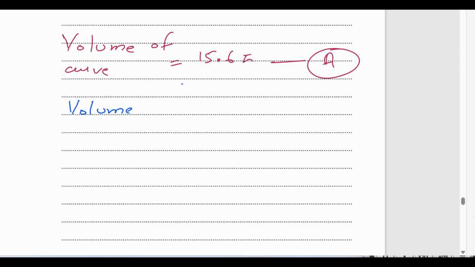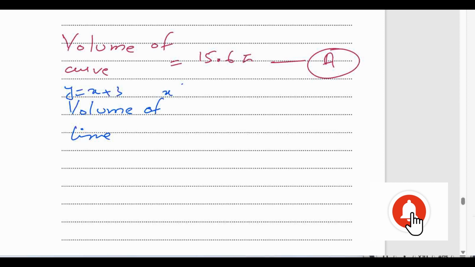Volume of the line. Now the equation of the line was y is equal to x plus 3. So if we rearrange it, this will be x is equal to y minus 3. So take square on both sides.